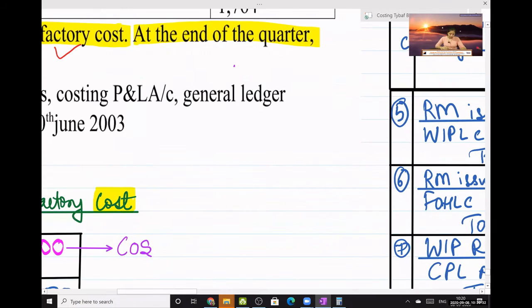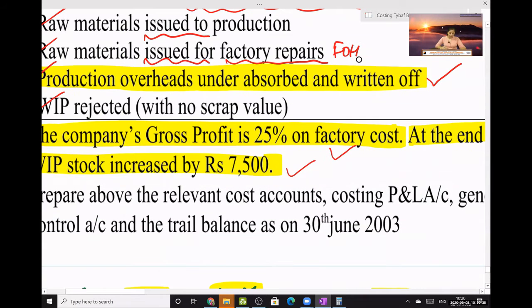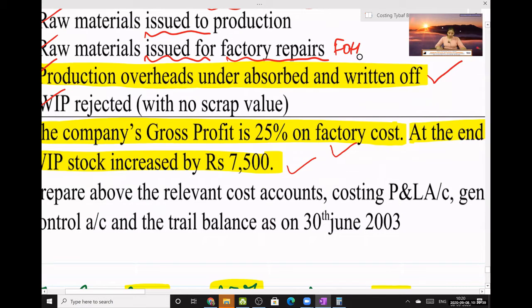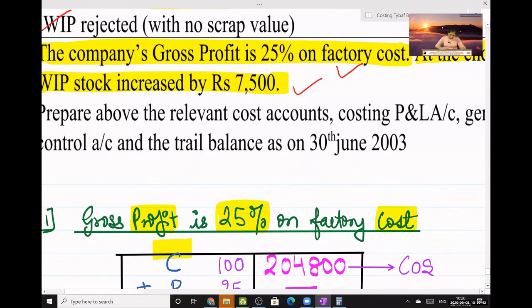Now coming on to the next one, this company's gross profit is 25% on factory cost. Second, write down this.